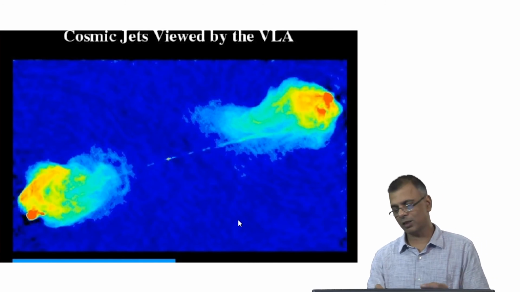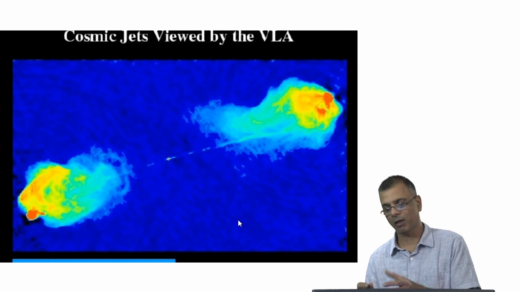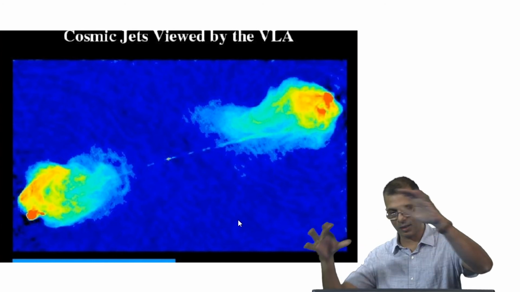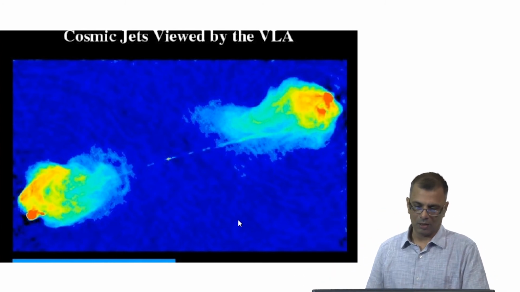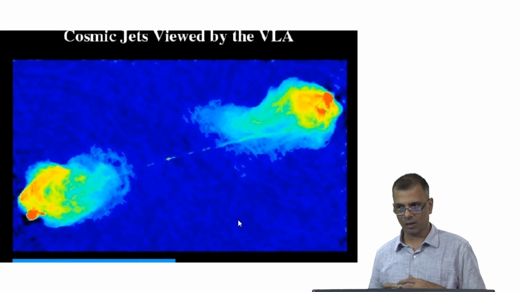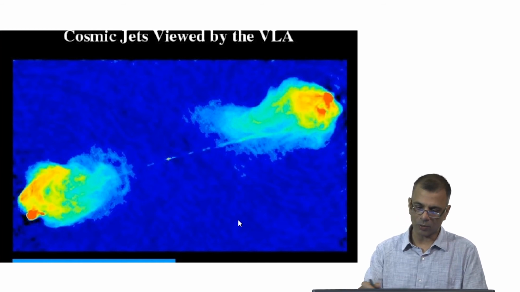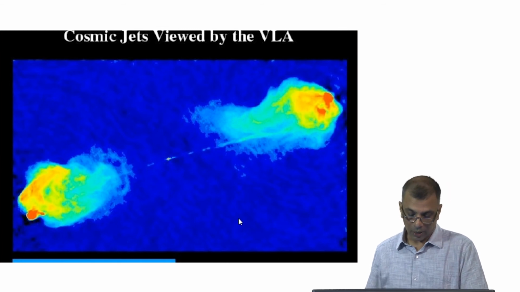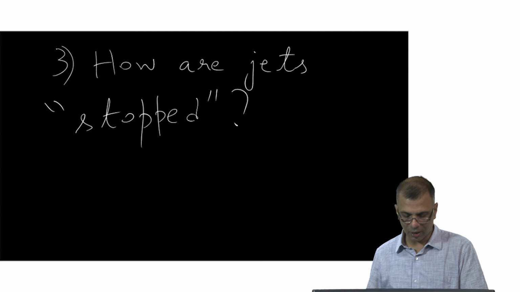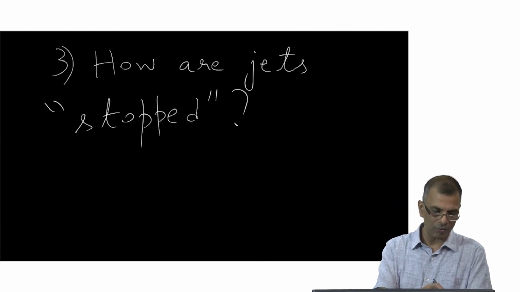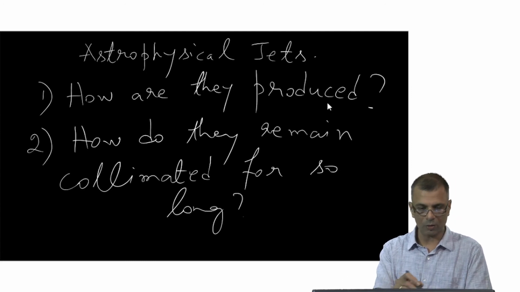It seems as if the jet has run into some kind of a wall and it splatters out there, and it is essentially splattering all over, and that's what leads to these lobes, right? But however, in this case, we will confine ourselves just to this first question.